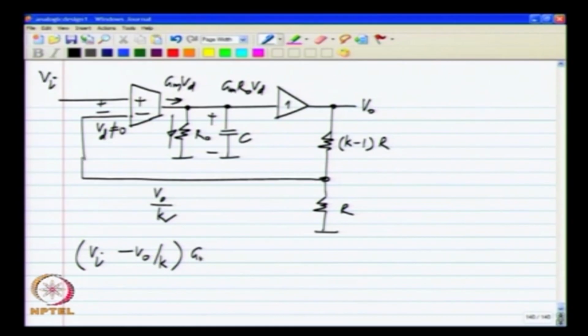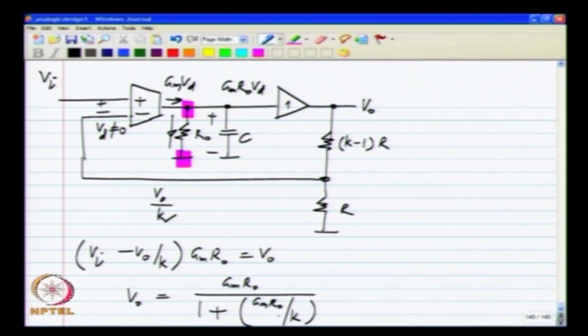And that times GmRo is the voltage developed across the resistor, and that is the same voltage that is given out as Vout. So, this is equal to V naught. So, this says that V naught is GmRo divided by 1 plus GmRo by k, times Vi, and this is for constant Vi, that is Vi is DC.